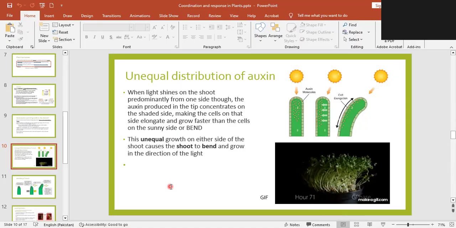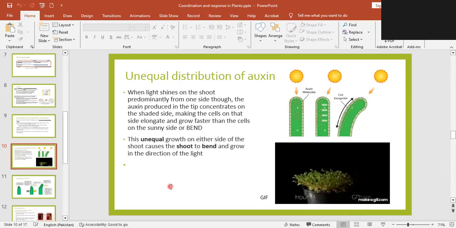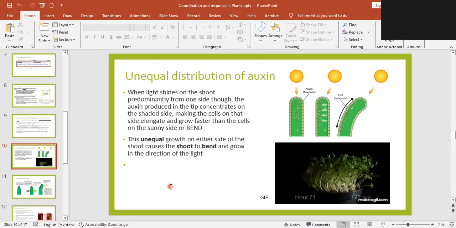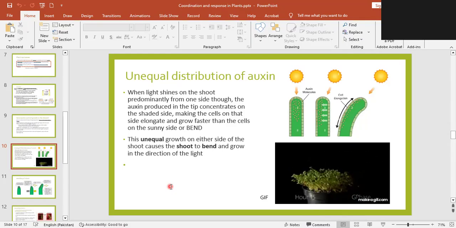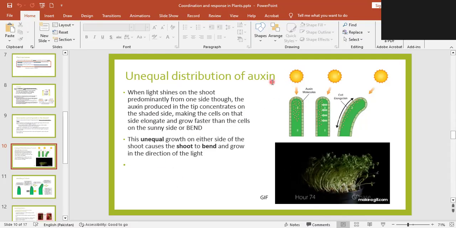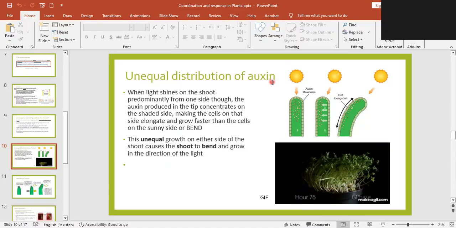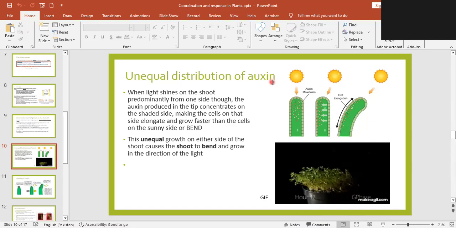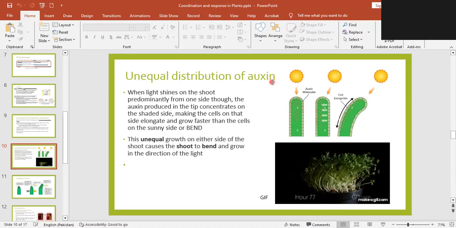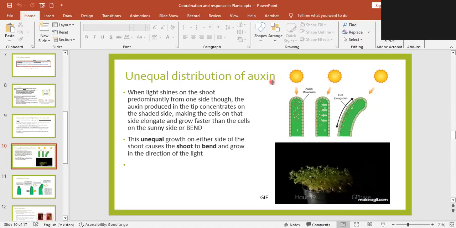As soon as the auxin are released, they will start working behind the tip, the cells will elongate and eventually the plant will grow. If the sunlight is on top of the plant, it means the auxin are produced evenly. And if there's a certain direction of the sun, the plant will bend towards it, right? And this is known as unequal distribution of the auxin.